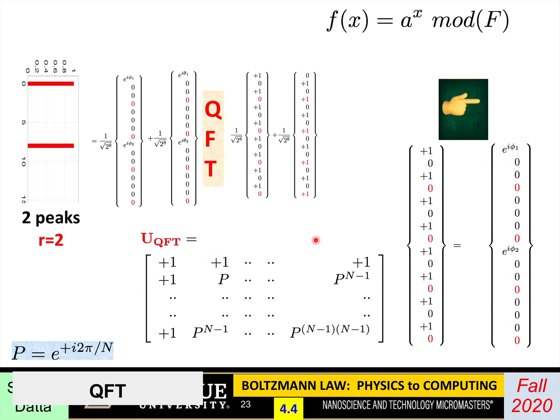Well, for the first item, you get all plus ones, so it means you are adding these all up. So you get a big value. Next time, you are multiplying it with a certain phase factor. This is a phase of 2 pi over n. And there's another, and so you get 1 plus p squared plus p fourth, etc. And since each one has a phase, when you add it up, actually you end up getting a 0, etc.